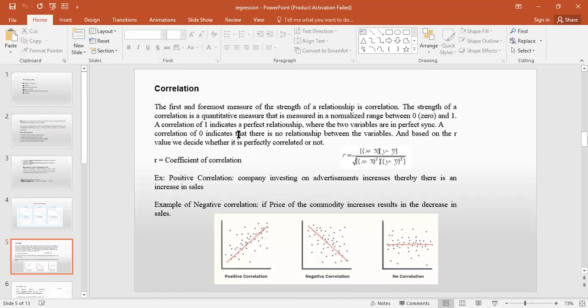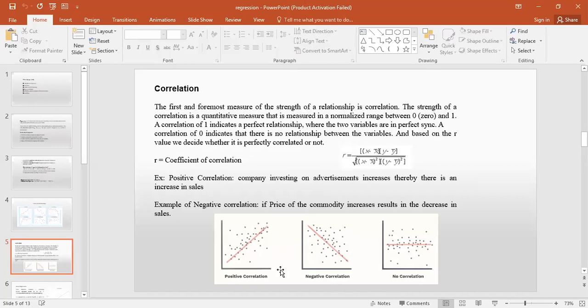There are three types of correlation, as we can see in this figure: positive, negative, and no correlation. With no correlation the value is zero, the two variables don't relate, so we will not consider them at all in our data set.